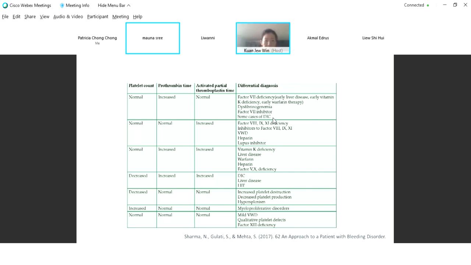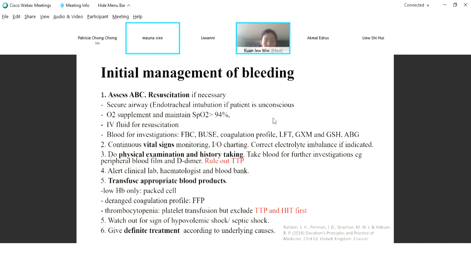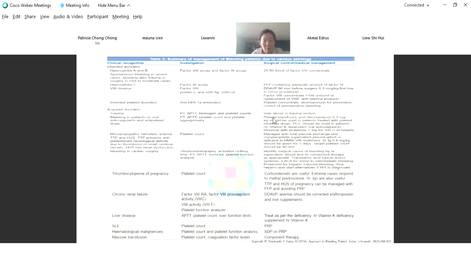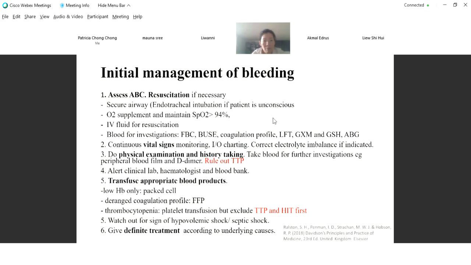For initial management of bleeding, we have to first assess ABC, and also resuscitation if necessary. First we have to secure the airway.